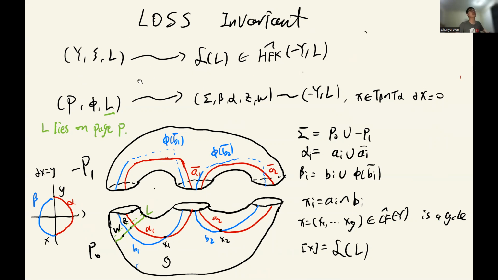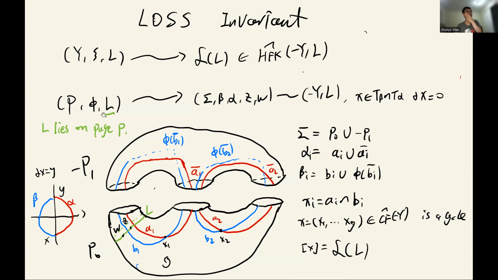And the idea is very similar. Instead of relating just the open book (P, φ), we want to relate (P, φ) and L. Here L is a Legendrian knot that lies on a page of the open book P. Remember we said that on the page of the open book, the contact plane is tangent everywhere except in the neighborhood of the binding. The theorem says we can always find an open book such that the Legendrian knot L lies on the page.